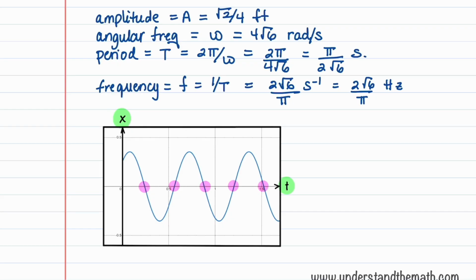What we have is simple harmonic motion, and the oscillations are going to continue indefinitely. When the value of x is positive, the mass is moving toward the right. Notice that the mass starts out at 0.25, which makes sense because it started out being displaced 1/4 of a foot, and then it had an initial velocity.